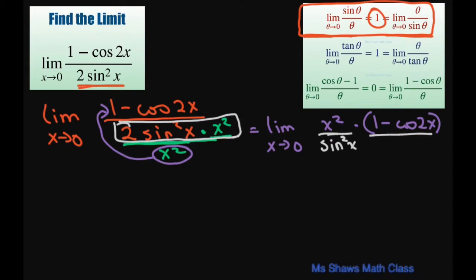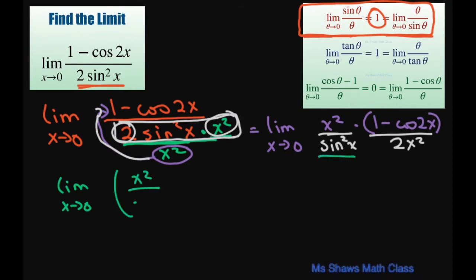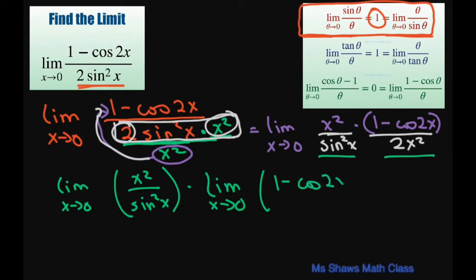Under here, I'm going to multiply this by 2x squared. So I just rearranged everything by moving this up here. Now I'm going to split it up and write this as the limit as x approaches 0 of this piece, x squared divided by sine squared of x, times the limit as x approaches 0 of this piece, which is going to be 1 minus cosine of 2x divided by 2x squared.